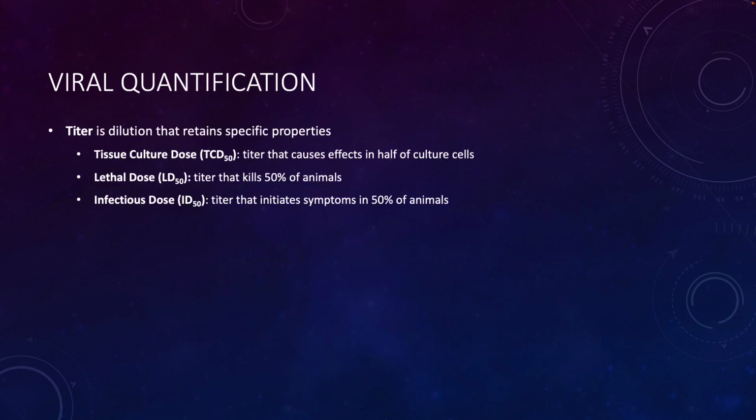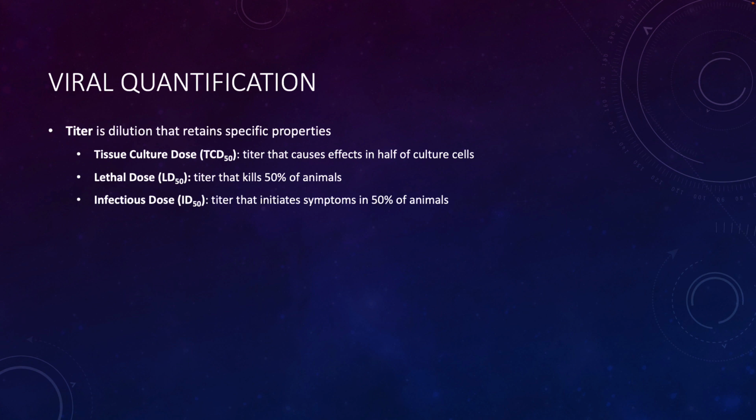We can also quantify viruses. Again, this might not be something that you do in the clinical setting, but these are the terms that you would use if you do. So the titer is the dilution that retains the specific properties. And we have 3 different titers that we talk about.